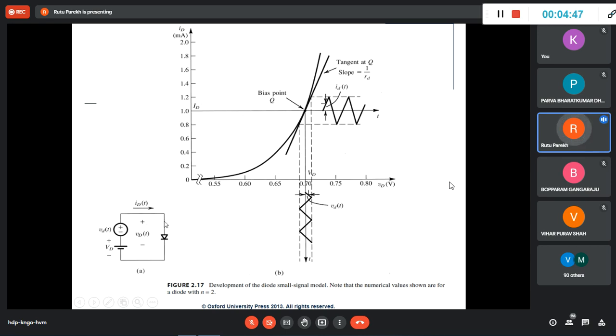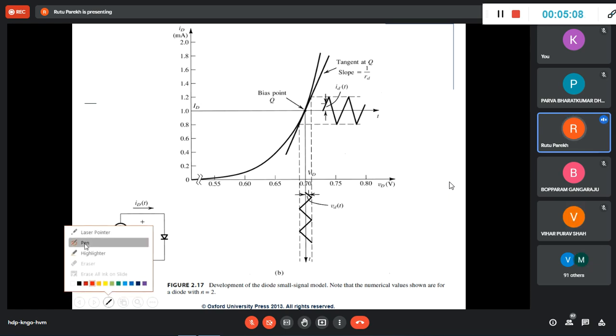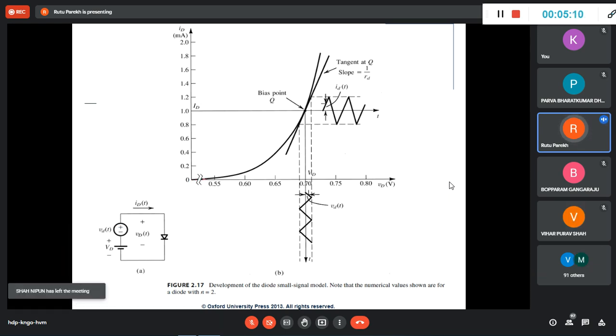Then it is conducting, and you know when it is conducting and when it is not. Now if this small signal in millivolt is passed through the diode, and this is the diode curve, as you know, and the signal is very weak and lies in this range, then hardly any current will flow because the diode is off.